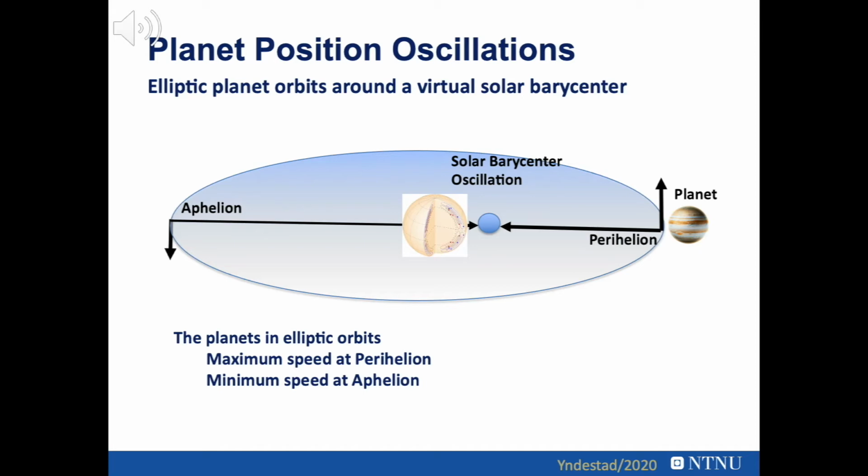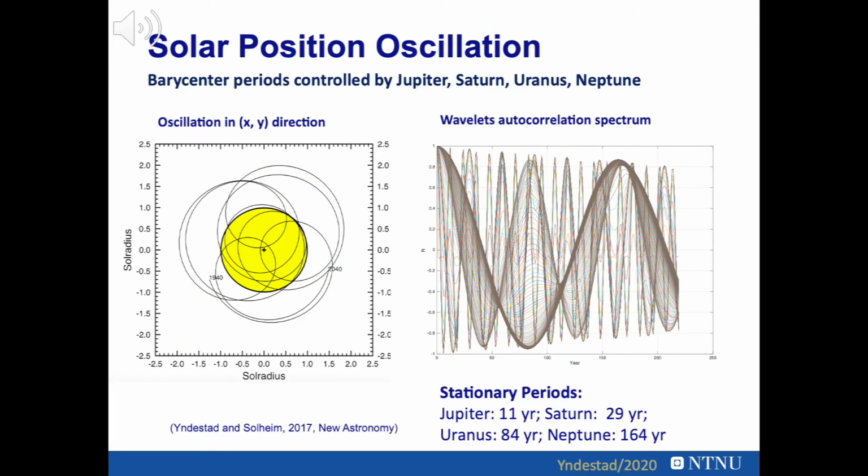The planets then influence the sun's orbit around the barycenter. This figure on the left side shows the solar oscillation around the barycenter in a period of about 100 years. It looks chaotic, but it is not.